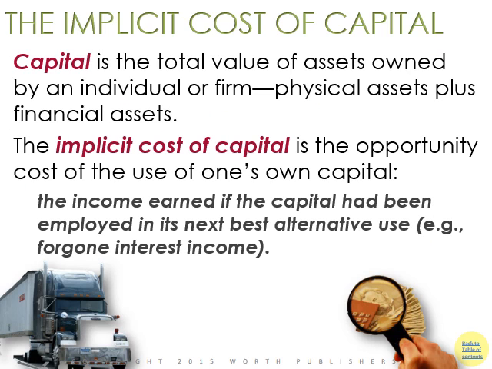Here again, we look at the implicit cost of financial capital that you invest in your own business. So what is the opportunity cost of that money that you invest in your own business? Effectively, it's the rate of return that you could have earned on that money in the next best alternative.